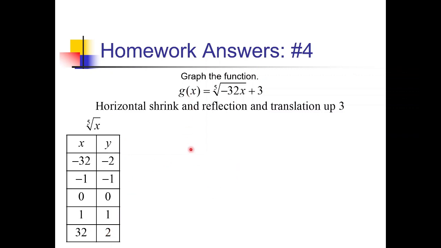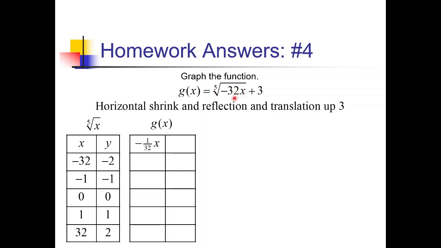So let me make my g table now. The new rule for x is going to be negative 1 over 32 times x. It's the opposite of what it looks like there. And then for the y values, we're just adding 3 to those. So multiplying negative 1 over 32 by all my original x values, negative 32 times negative 1 over 32 just gives me 1, which is kind of nice.